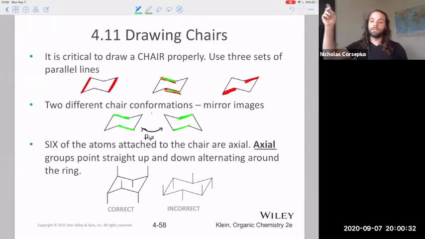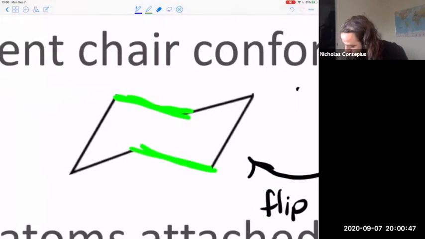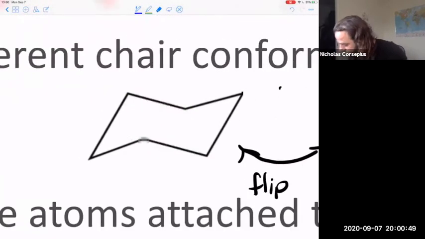The most important step that everybody messes up on, it's the hardest one, is identifying the axial positions, okay? Which ones are axial up and which ones are axial down. When you look at your chair, actually I'm going to focus on this guy here before we even look at the bottom. There are 3 carbons that are sitting at a point.